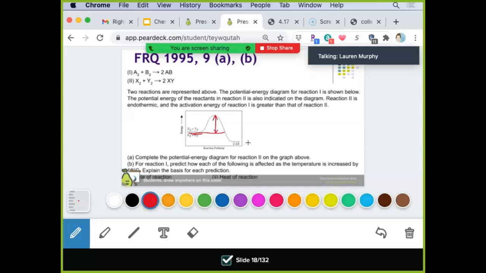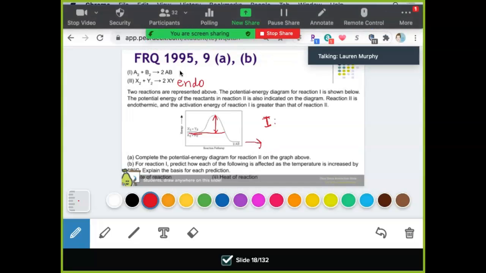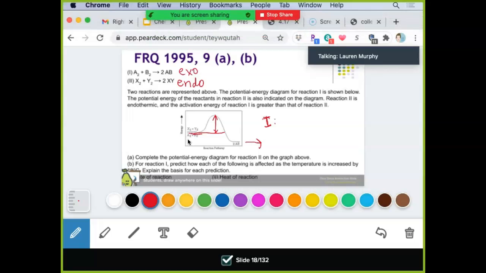Now, it doesn't ask you this, but reaction 1 is endo or exothermic for profile 1. They tell you reaction 2 is endo, but this is energy being lost. Released, lost, given off. So the profile for energy for reaction 1 is exothermic. Now they want you to have reaction 2 be endothermic, which means your products have to have more energy than your reactants, not less.